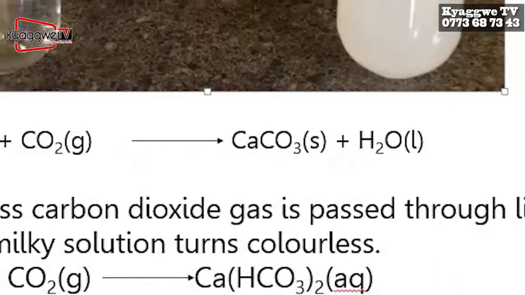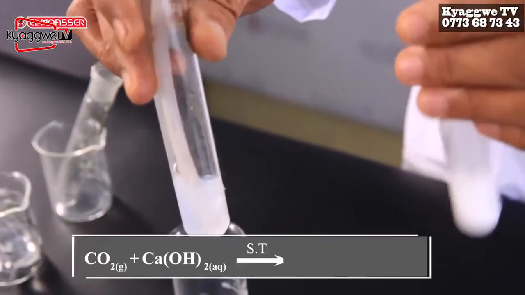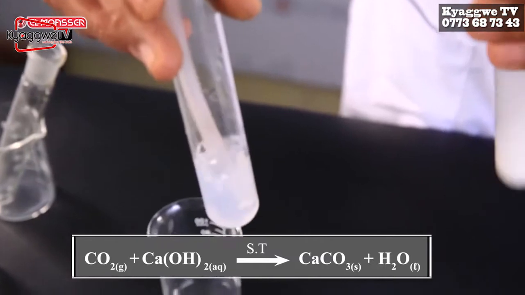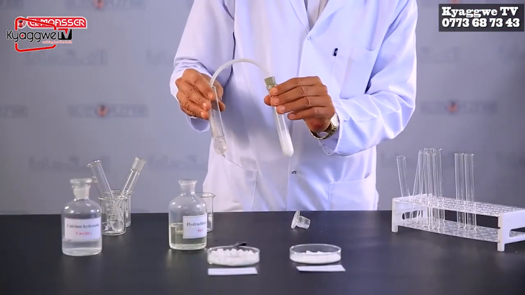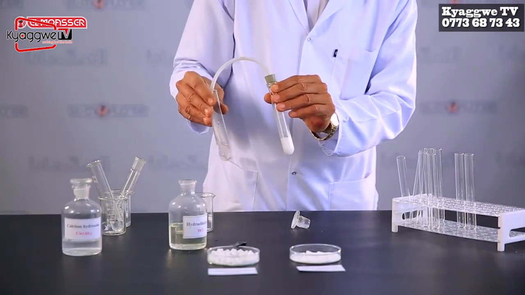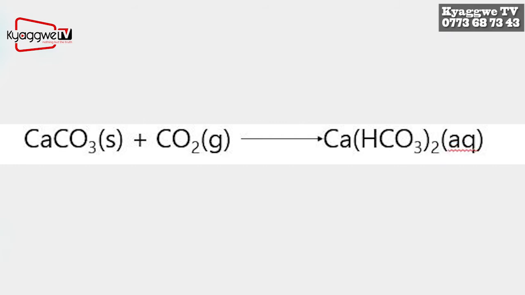However, when we bubble excess carbon dioxide gas through the lime water, the milky solution turns colorless. We have an equation there. The equation is calcium carbonate, which is a solid, which will form as a milky solution, plus more carbon dioxide, you will form calcium hydrogen carbonate.